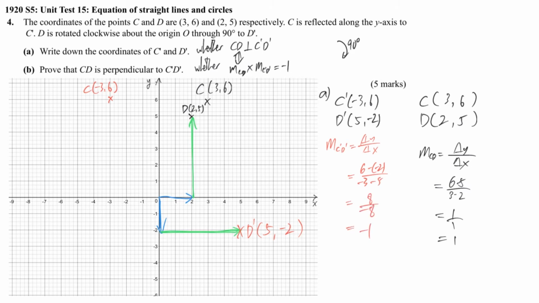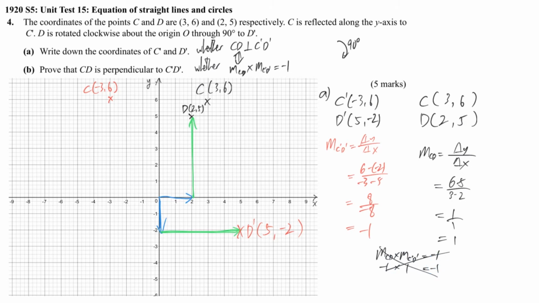Simplify, we get -1. And there is one common mistake: students usually directly write down slope CD times slope C prime D prime equals -1, and then -1 times 1 equals -1. This is wrong. Before you really get the value, you should imagine that it may not be -1. So you shouldn't directly claim that it's -1 and then prove it is correct.